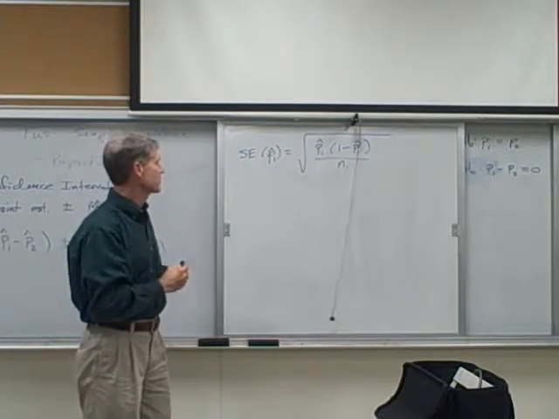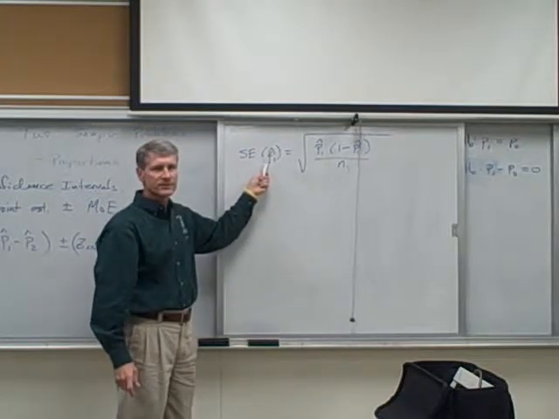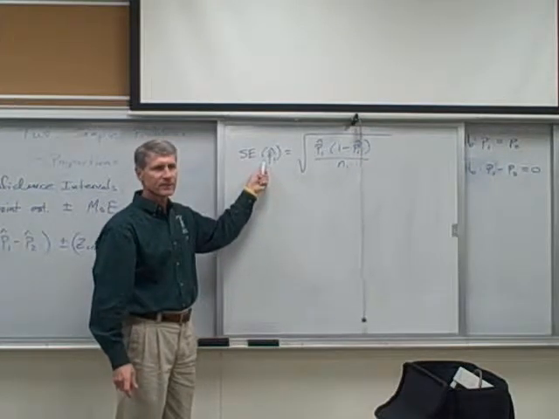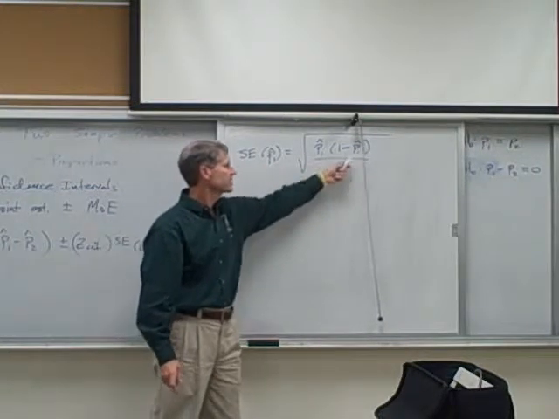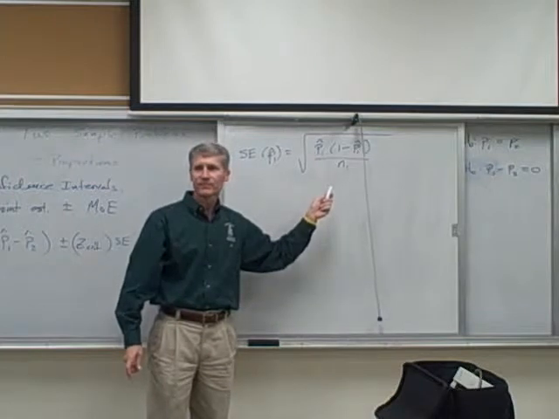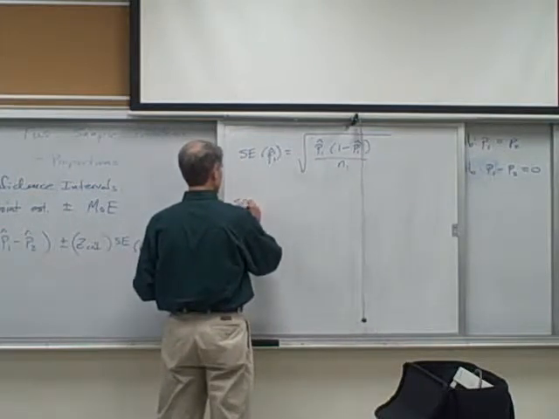So I'm putting the subscripts on there because I'm specific about which sample I'm talking about. So if I want the standard error of p hat 2, then I just put the sub 2's in there. But what I really want is the standard error of the difference.